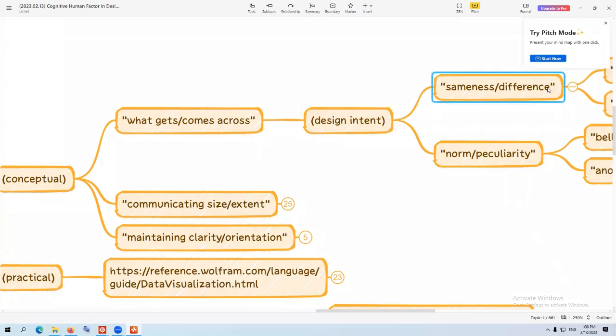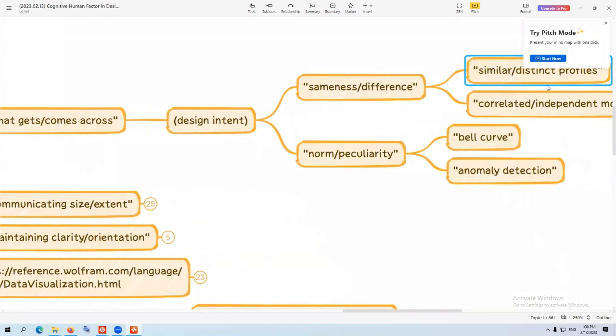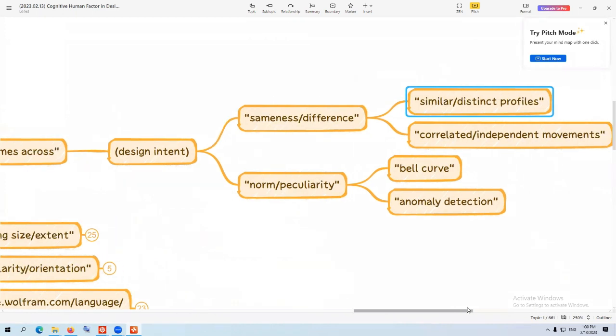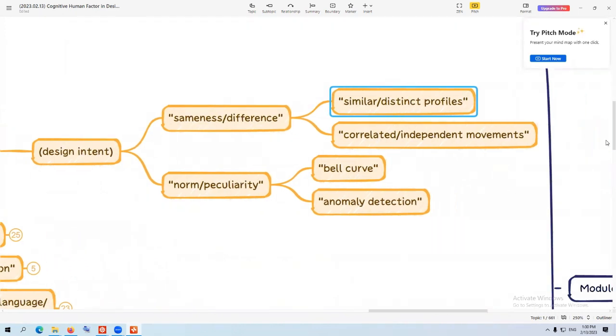So let's look at it further. There are two things you can talk about in terms of sameness or difference. One is profile. If I want to say that all Basai students are the same, I would show that you have basically the same height, same weight, same socio-economic background.